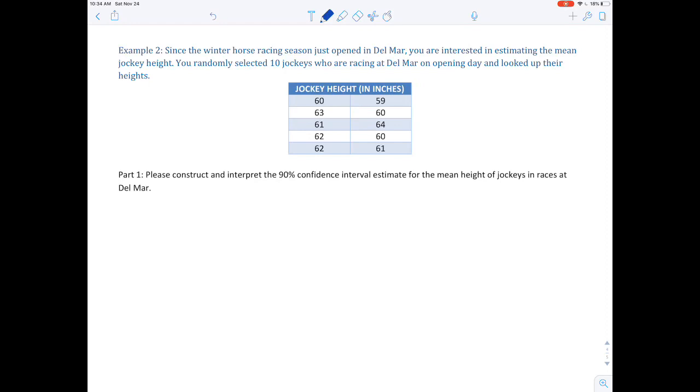Okay. Well, Del Mar just started, since the winter horse racing season just opened, you are interested in estimating the mean jockey height. So let's say you randomly selected 10 jockeys who are racing at Del Mar on opening day, and you looked up their heights, because they have all the stats for the jockeys. It's pretty cool. All right, so let's construct and interpret the 90% confidence interval estimate for the mean height of jockeys in races at Del Mar.